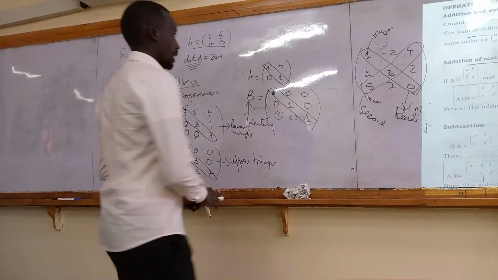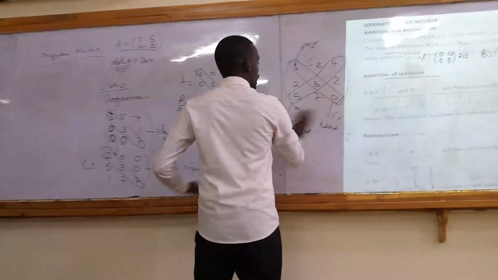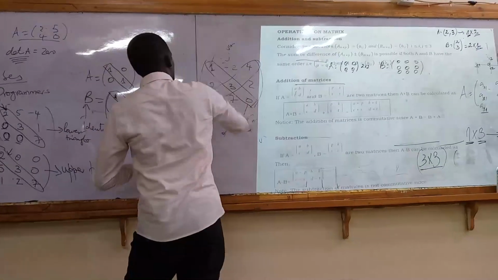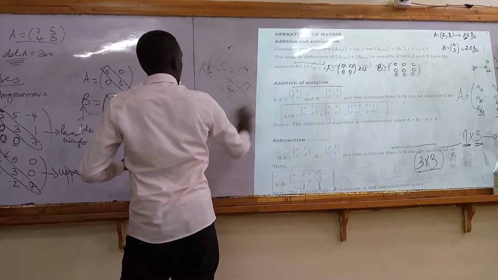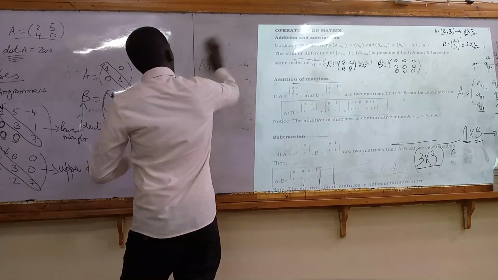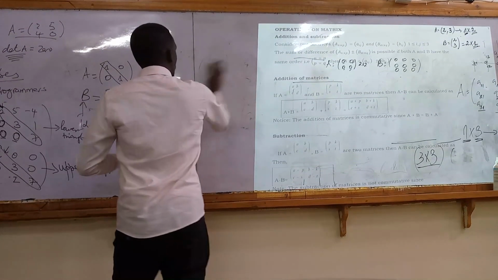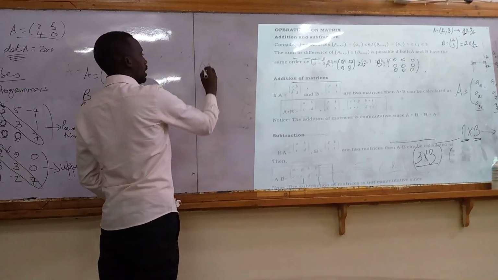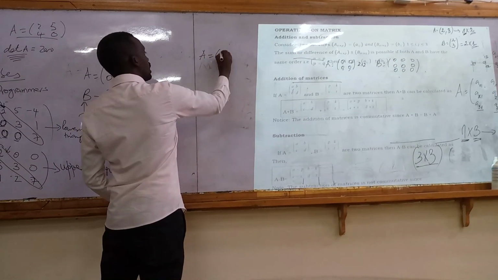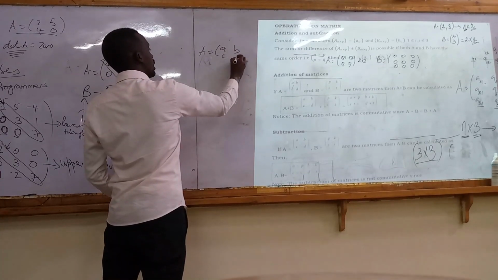We have operations. Operations mean addition, subtraction, multiplication, and division of matrices. Let me take a matrix A with a, b, c, d.